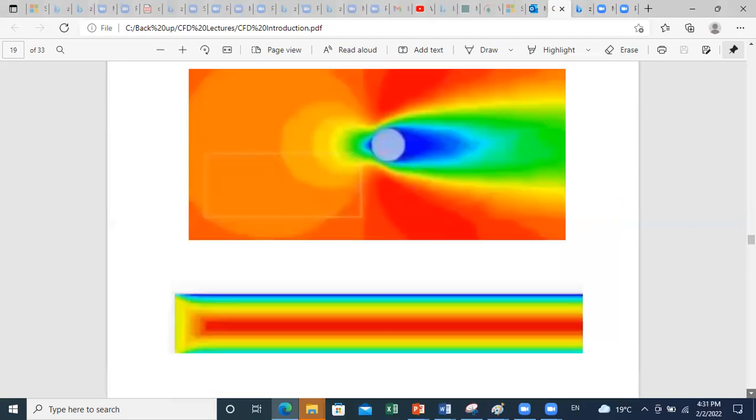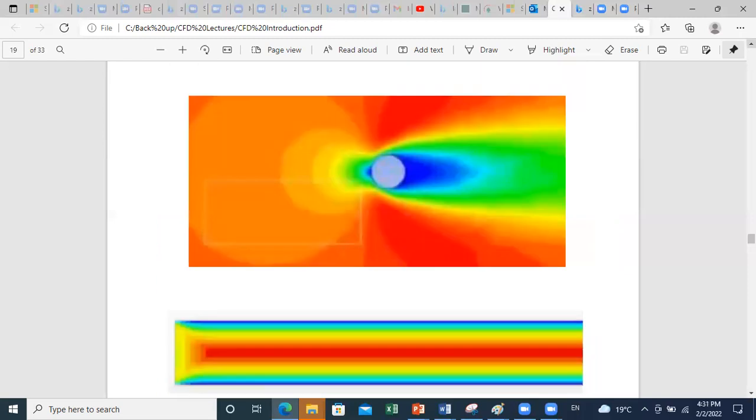So here for example, you can see the profile of velocity, let's say showing a cross section in the wind tunnel.